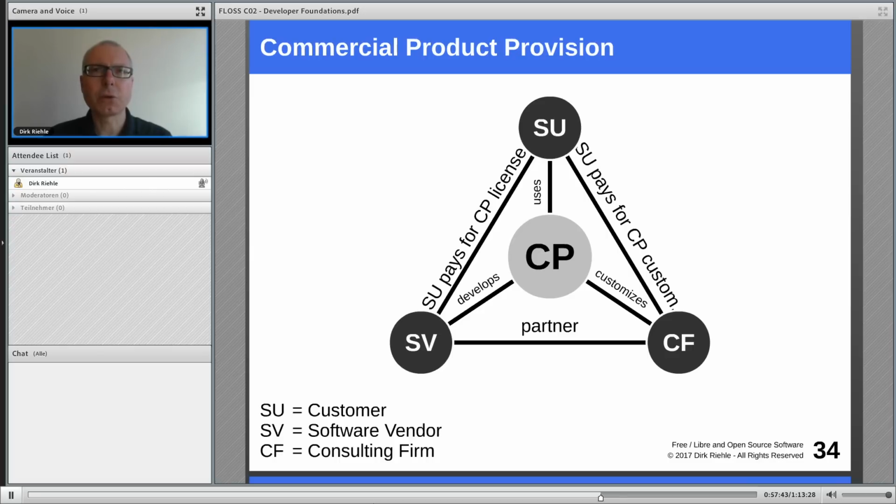So that would be then the typical trinity here of software vendor, service provider, and consulting firm providing a viable, whole commercial product to the software user. Of course, these three domains, the original product and its license fees, the provision as a service, and the consulting, meaning the implementation and customization, all of that could be done by a single company and maybe different departments of that one company.